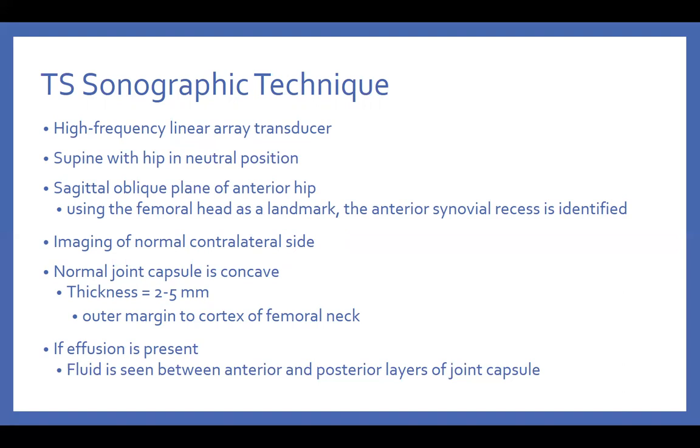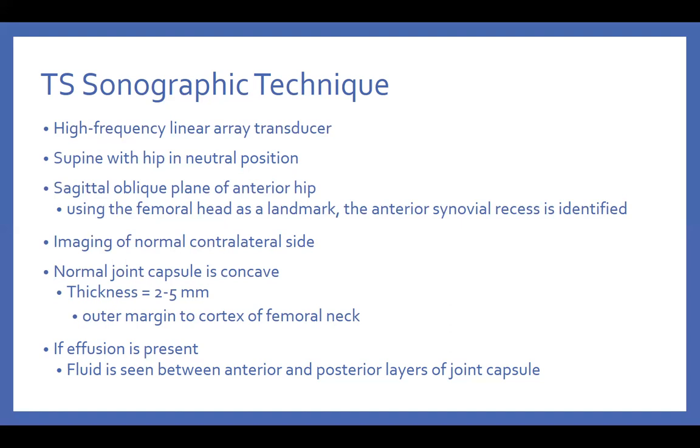We place the patient in a supine position with the hip in a neutral position, which I will show you in a diagram. When you look at the hip and what plane to use, very often we place the transducer in a sagittal oblique plane on the anterior hip.